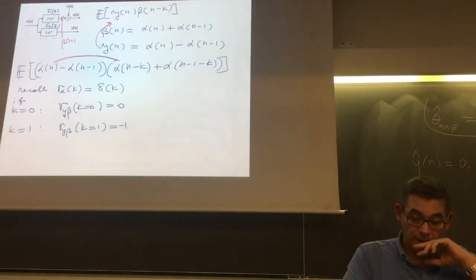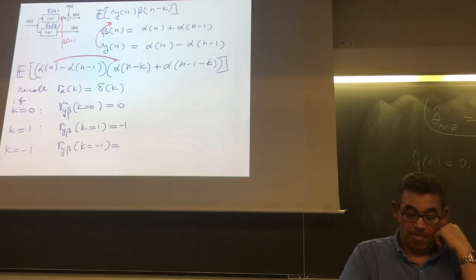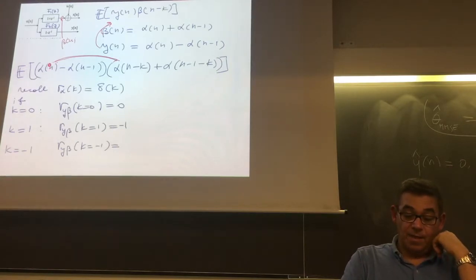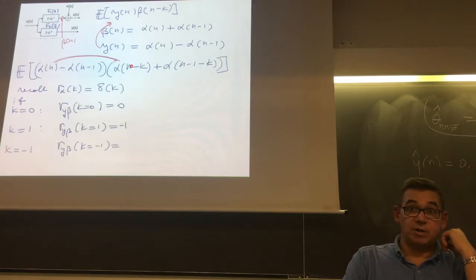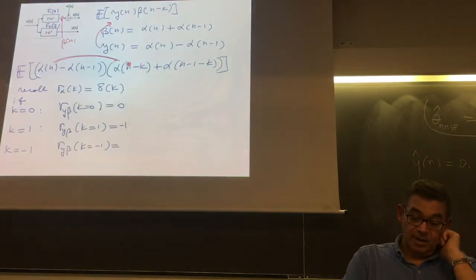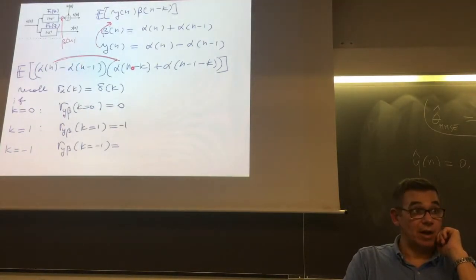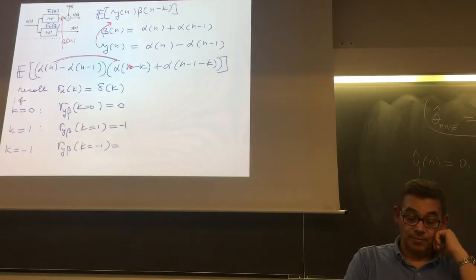Now, I have the other case, k equal to minus 1, r y beta at k equal to minus 1. Then I have alpha n with alpha n plus 1, 0. Then I have alpha n minus 1 with alpha n plus 1, 0 again.